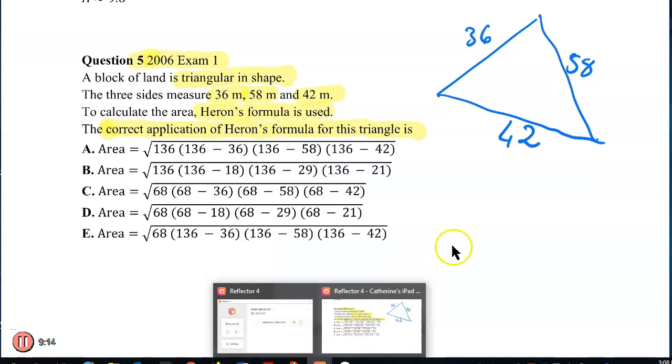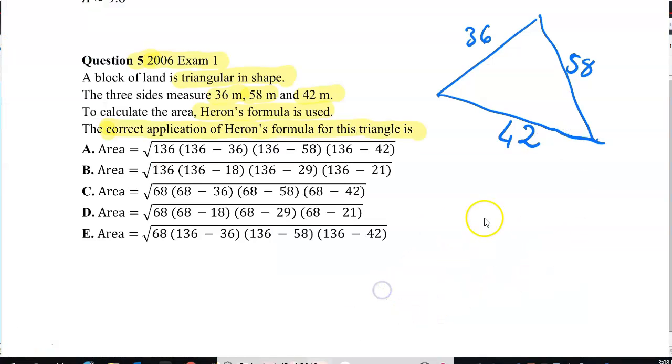So our s value is 68. Okay, so we know it can't be A or B. Now, you can probably look at that and go, okay, the mistake in A and B, they probably haven't divided by half there, have they? That's probably the mistake they've made there.